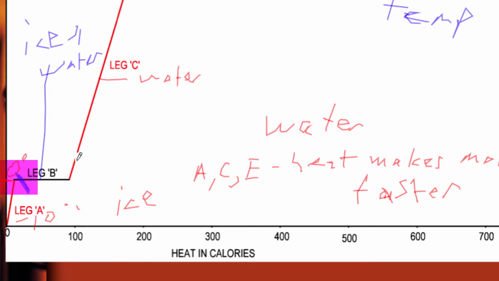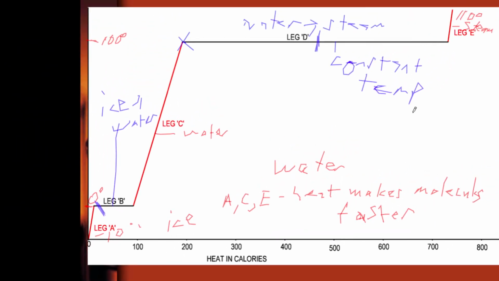So in the parts that have a slope, we will say that the energy is being used to speed up molecules, not to make them hotter. Don't say that. It's being used to speed them up. And down here, the energy is being used to break bonds. Now, what happens if you went backwards? What happened if you started at hot temperatures and took heat away?